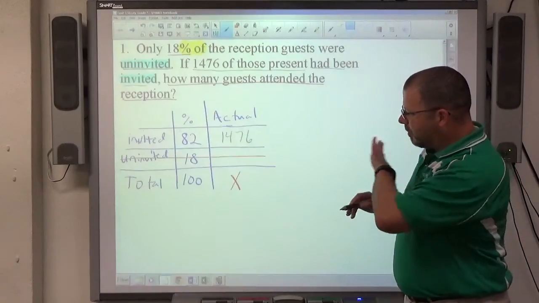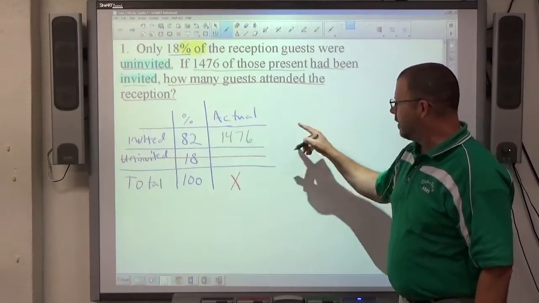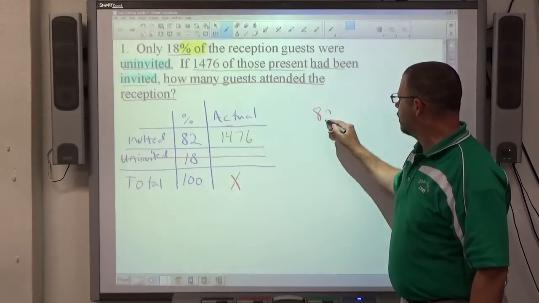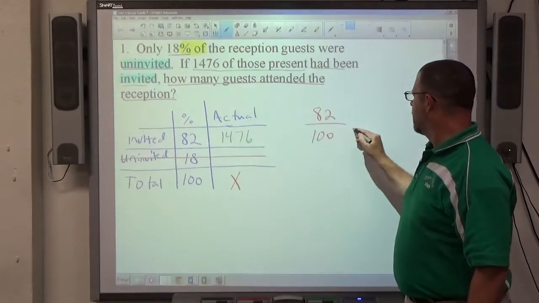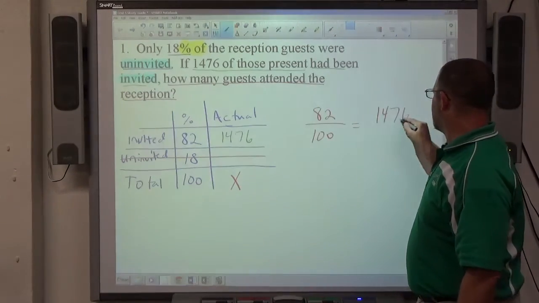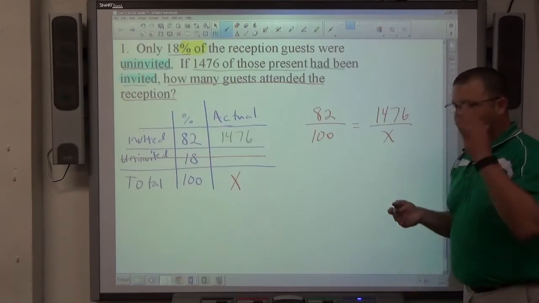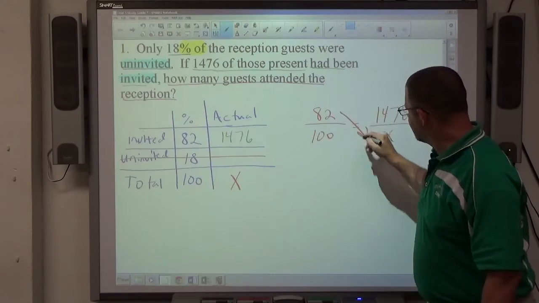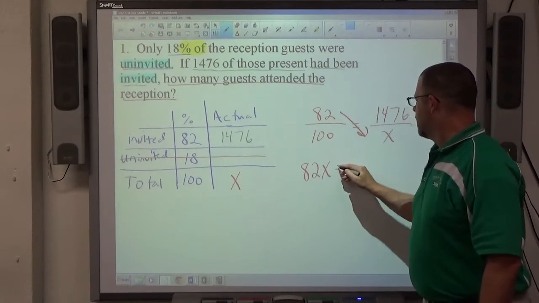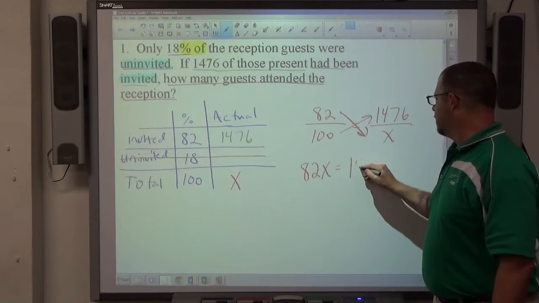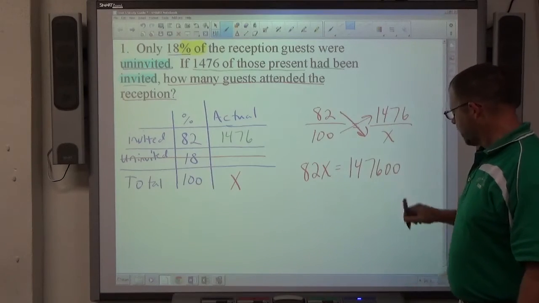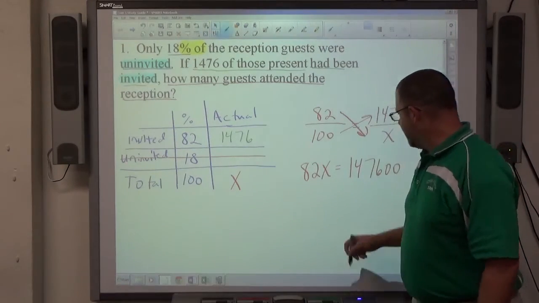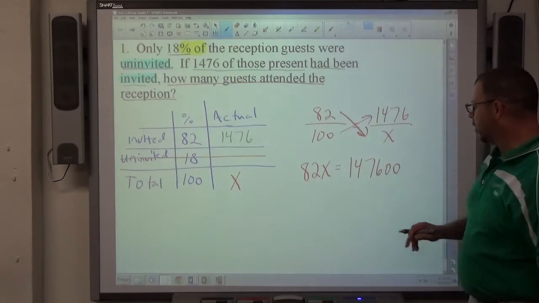At this point in the problem, I'm going to take the chart to create a nice proportion. 82 over 100 equals 1,476 over x. And since we have calculators, it's easy enough to go ahead and do this. So 82 times x, and then 1,476 times 100. To get the answer, 82x equals 147,600.